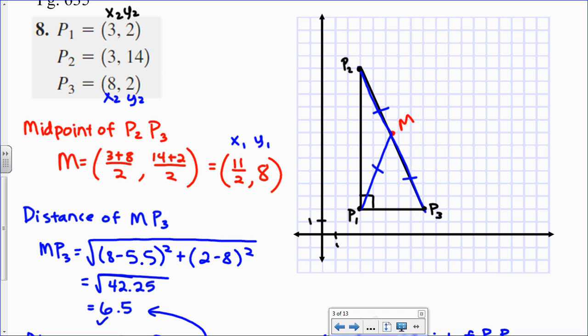That means my center is going to be here at M, and the distance from M to the vertices will be my radius. So my center is what the midpoint was, over here.